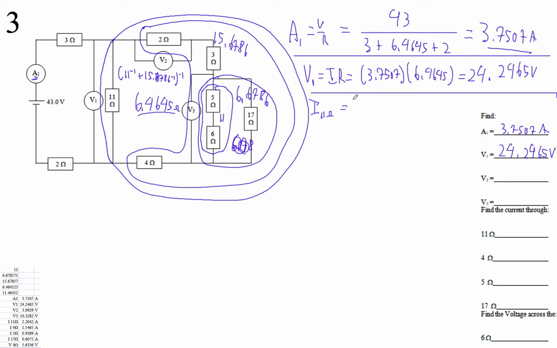And that's just simply going to be V1 divided by 11. Right, so it's 24.2465 over 11. The number I just got out divided by 11. That's all I'm doing. So 2.2042. That's my current through the 11 ohm.